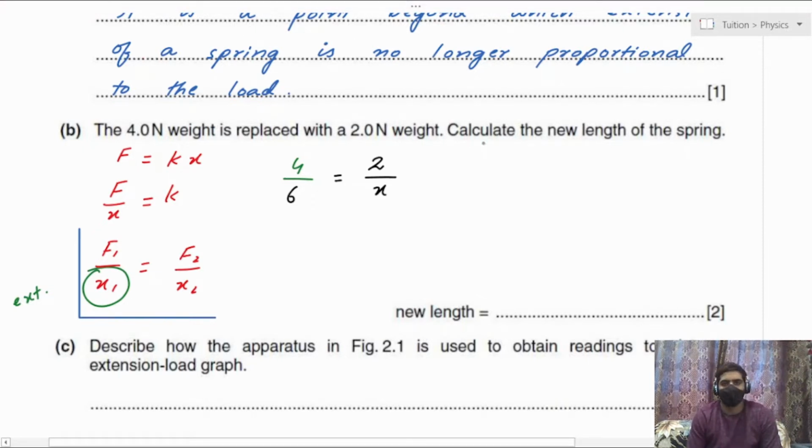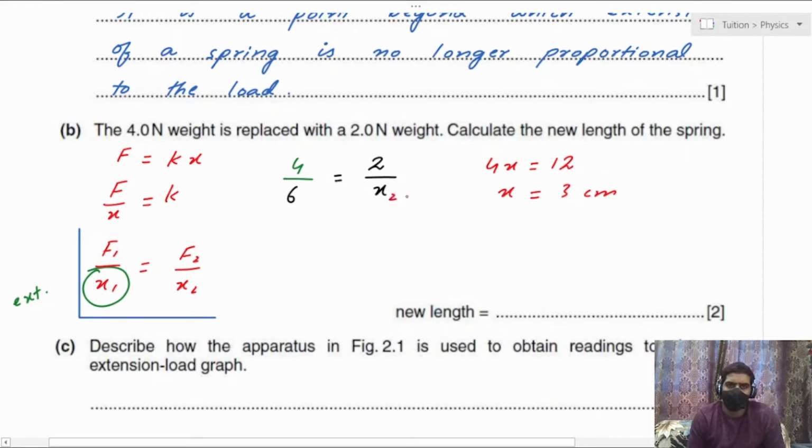So let us now sort it out, cross multiply this one. It would be 4x equals 12, and then you can write x equals 3 centimeter. All right, so what does that represent? x2.